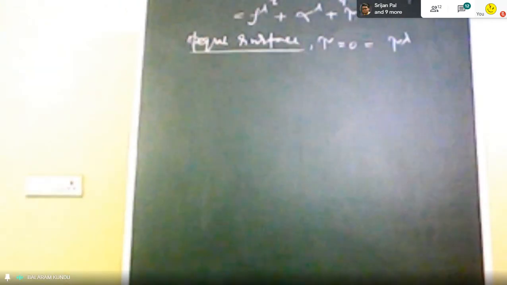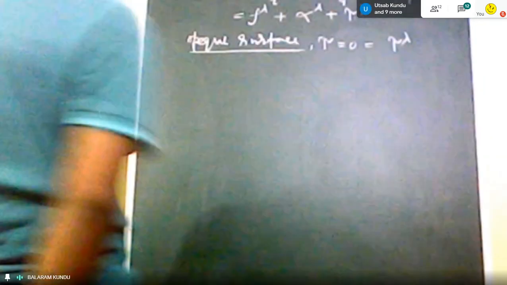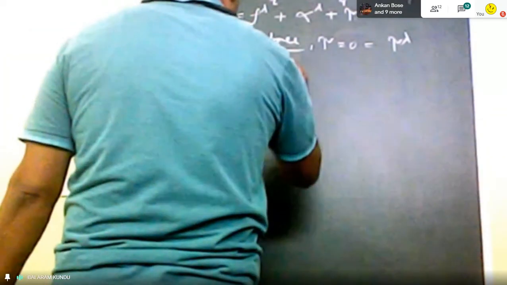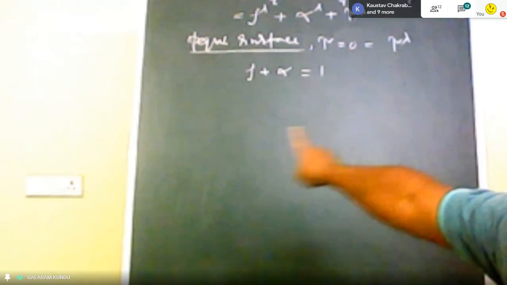From this general expression we can write rho plus alpha should be equal to 1 if tau equals 0.